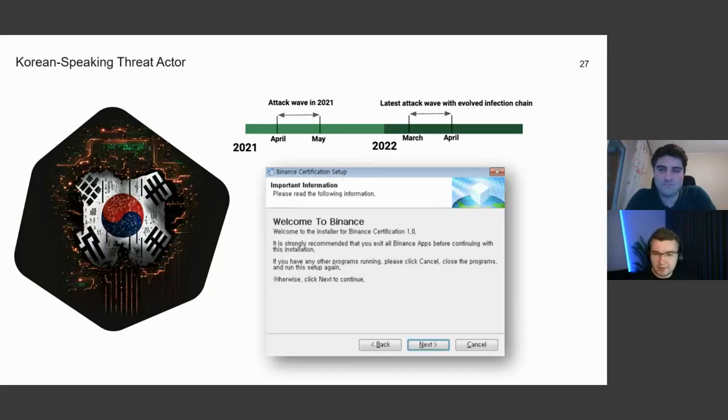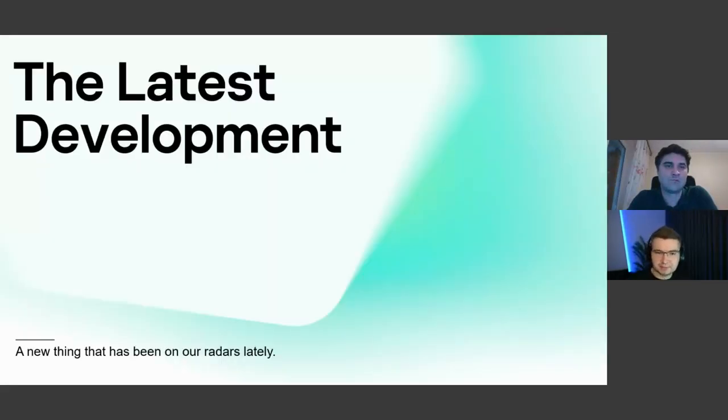In terms of attribution, we can't really find a precise connection to known threat actors. There was some similarity to an APT called Konni, so there's no Blue North in the story, but again, Konni is believed to be using the Korean language and has been associated with Korean-speaking threat actors in the past.